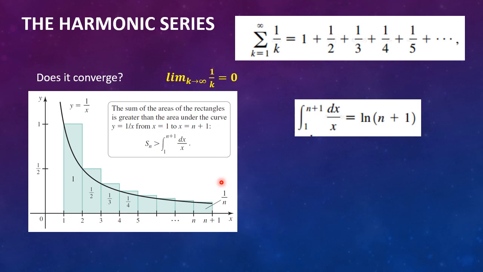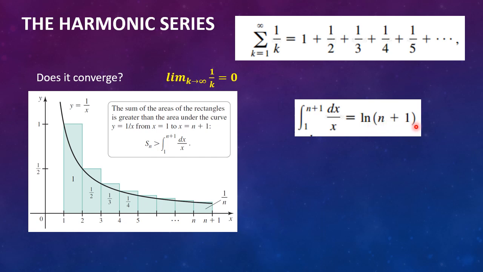Well, note that the integral of 1/x from 1 to n plus 1 equals the natural log of n plus 1. If we apply the limit as n goes to infinity, we're going to see that this integral increases without bound as n increases, right?